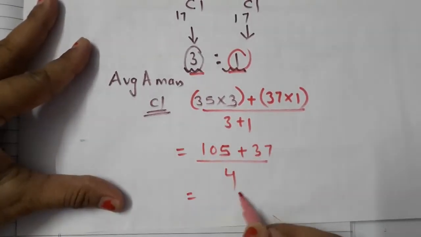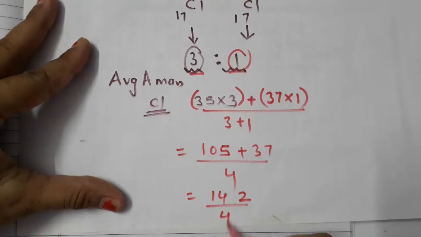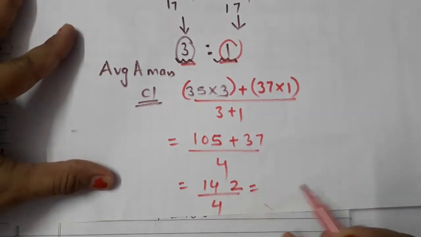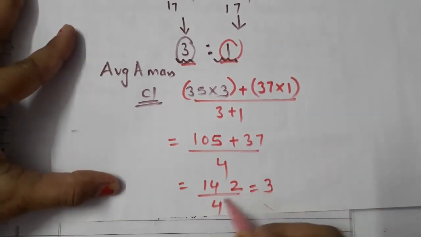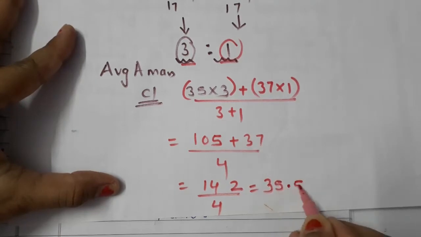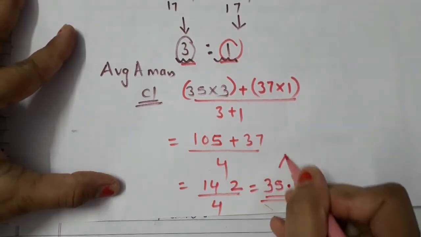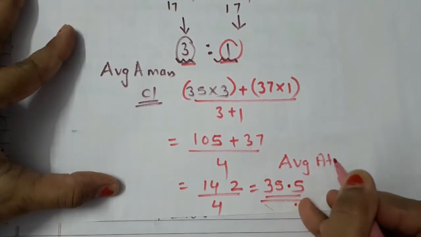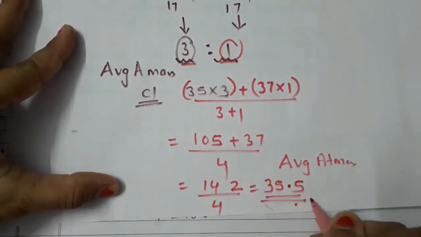So I get 214 upon 4. When we calculate this, we get 35.5. The average atomic mass of chlorine is 35.5.